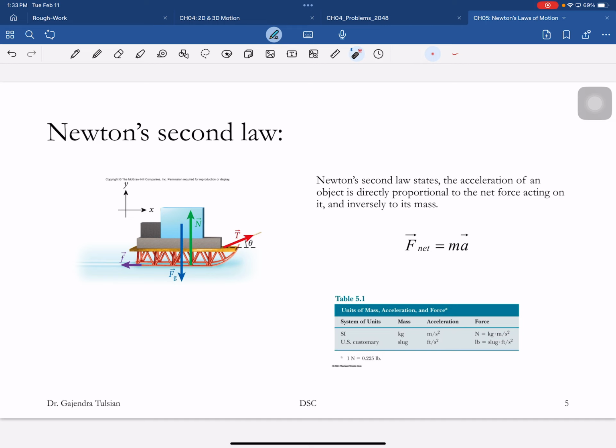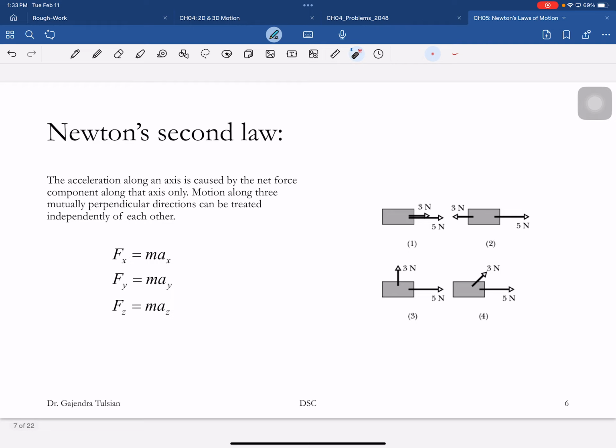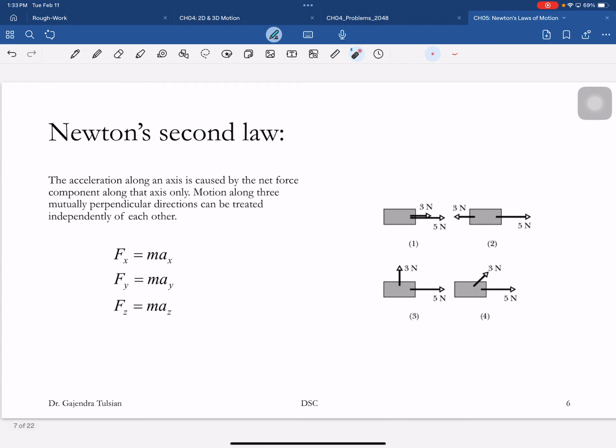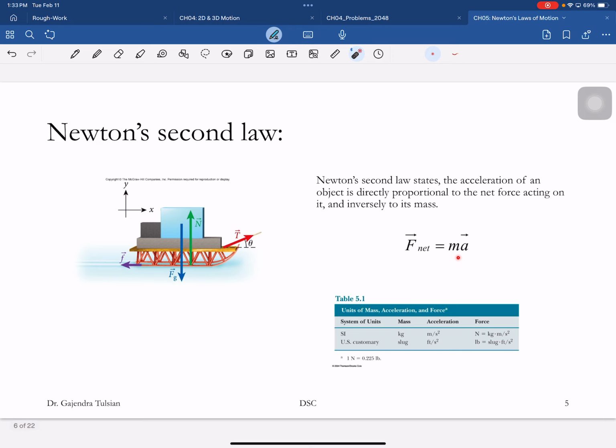How many equations is this? One? It's three equations. When two vectors are equal to each other, the x component of this is equal to the x component of that, and the y component to the y component of that.